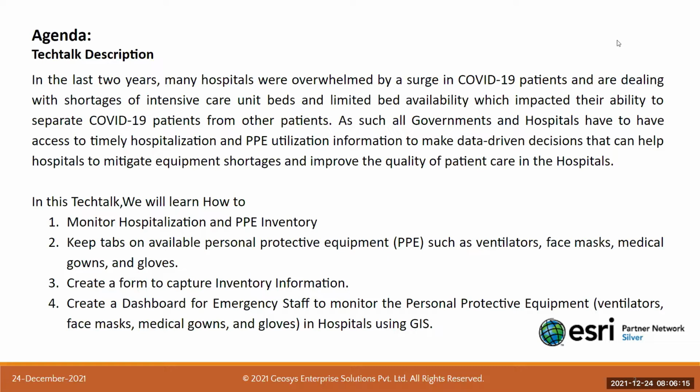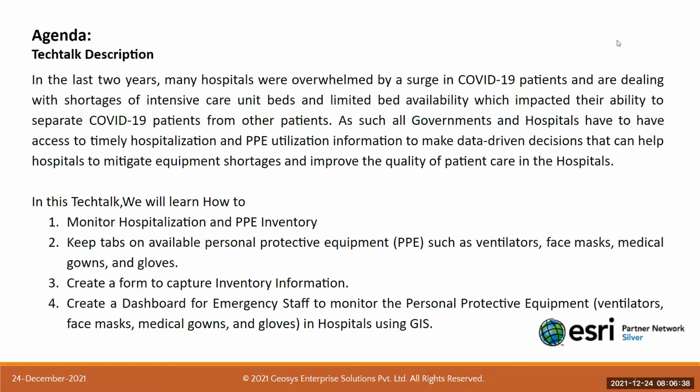As such, governments and hospitals have to have access to timely hospitalization and PPE utilization information to make data-driven decisions, so that it can help hospitals mitigate equipment shortages and improve the quality of patient care.